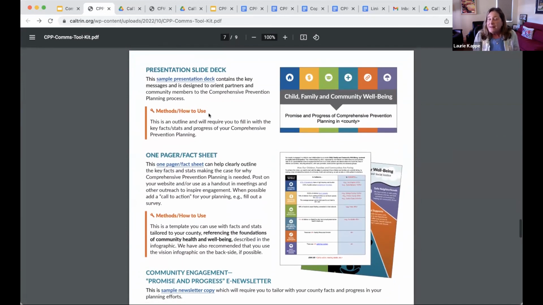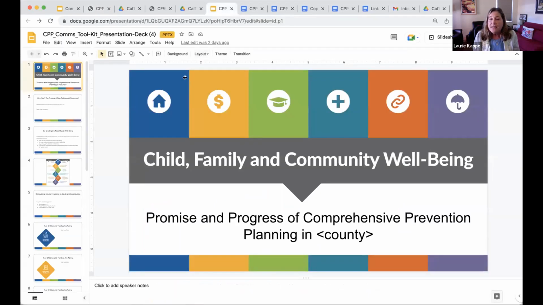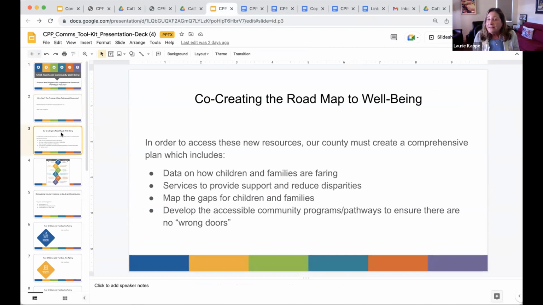So now what's another method that you reach out to your target audiences? These days, a very common method is using a presentation slide deck, a PowerPoint slide deck. So we've given you a template, so you don't have to reinvent it.